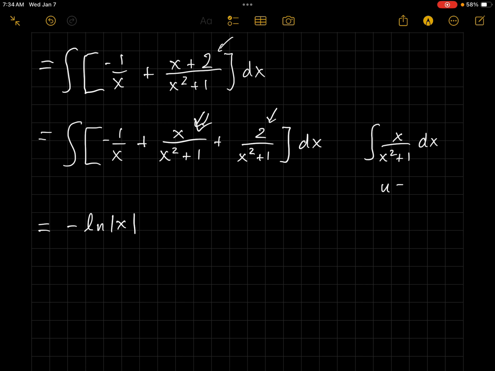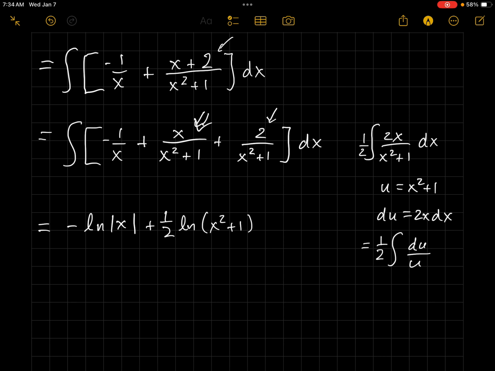If I were to just integrate this piece here, I would do u equals x squared plus 1, du is 2x dx. I'm missing a 2. I'm missing a 1/2 to fix it. So that part of the integral becomes 1/2 du over u, which I know is natural log. So plus 1/2 the natural log of u, I'll back substitute.